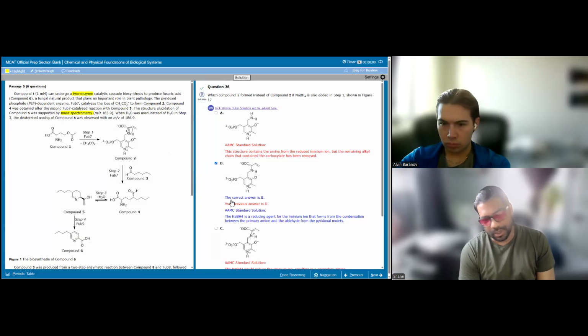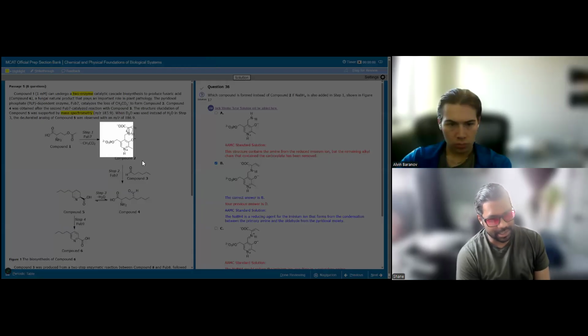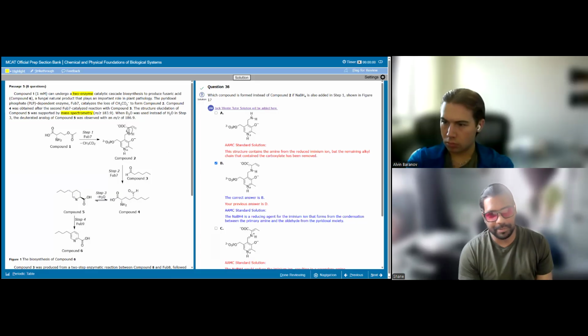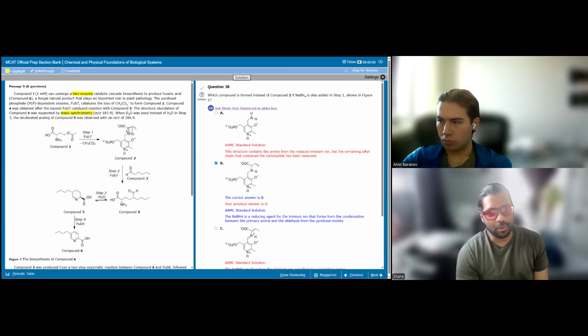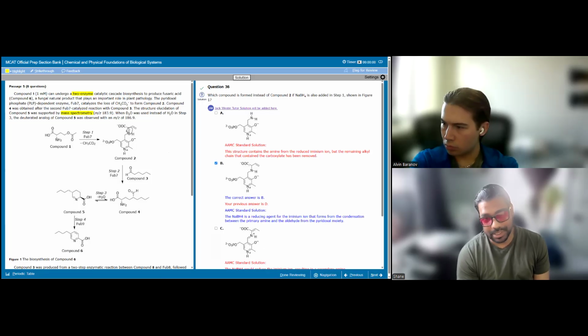And that's what I was looking for at first too, like if we're going to get rid of the carboxylic acid or something. But reducing agents like lithium aluminum hydride and sodium borohydride are just going to work on things that have carbonyl groups. NaBH4 can reduce aldehydes and ketones, whereas lithium aluminum hydride can reduce aldehydes, ketones, and carboxylic acids and their derivatives like amides.